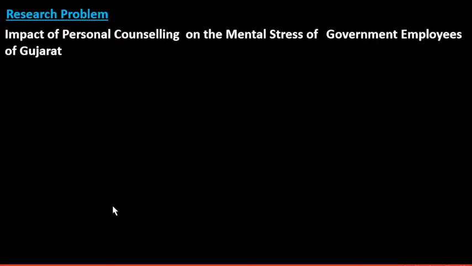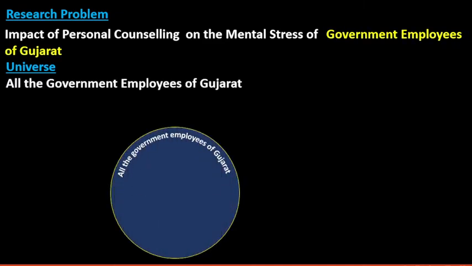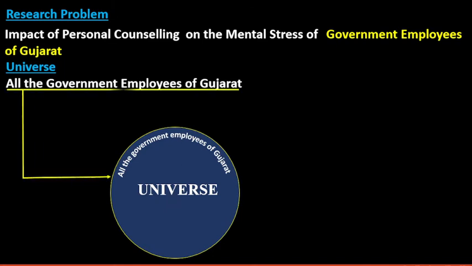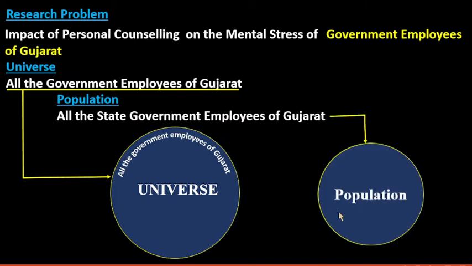Let us take the same example in another way. The research problem is impact of personal counseling on the mental stress of government employees of Gujarat. The universe will be the same, all the government employees of Gujarat. Suppose here the researcher decides to work only on state government employees, then the population will be smaller than the universe, and it will be a part of the universe. Universe will be greater than population.